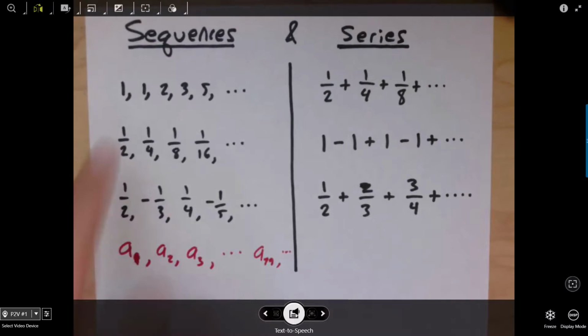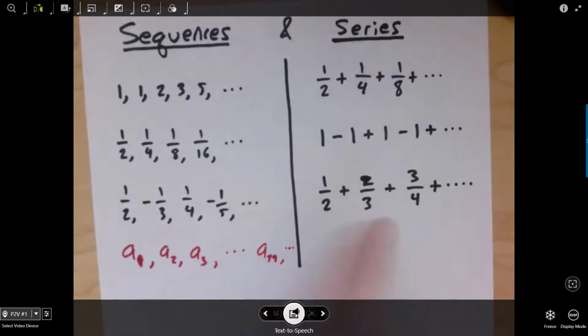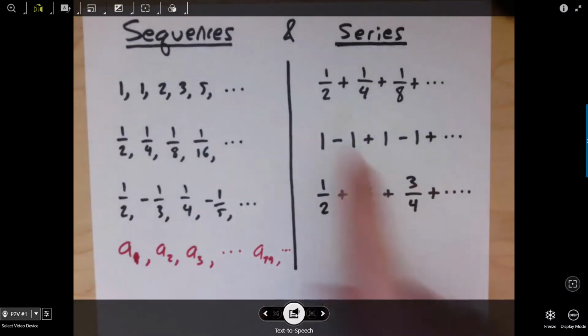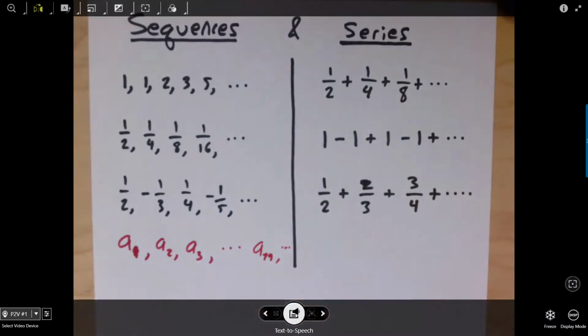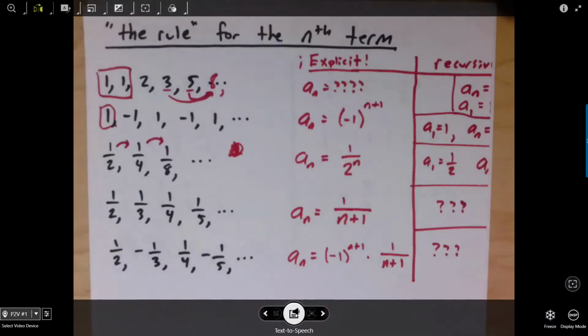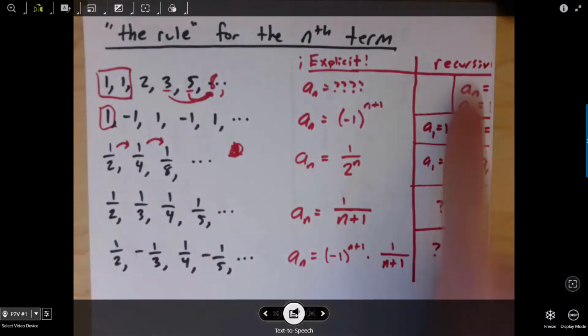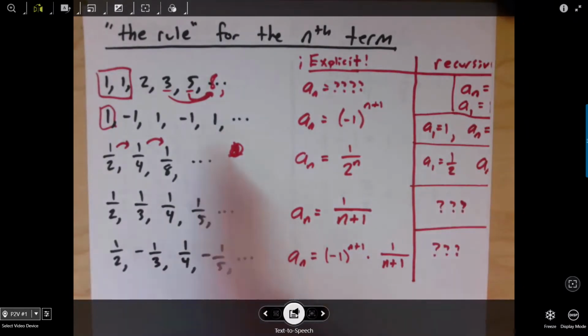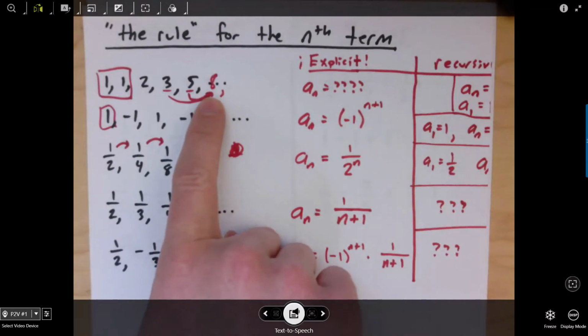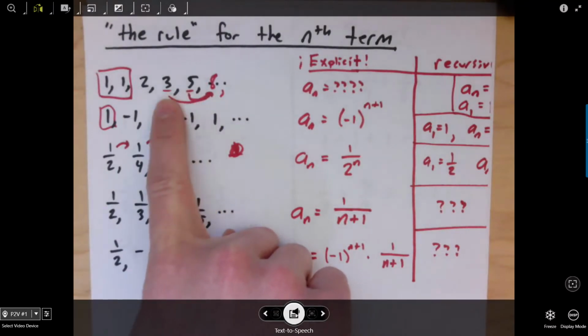Sequences are lists of numbers. Series are sums, usually where the terms have a pattern. You often want to be able to write down an equation for the nth term, and you can do that explicitly if you can figure it out. Or sometimes you can write a recursive one, where you describe how to calculate the nth term using smaller terms from the series.